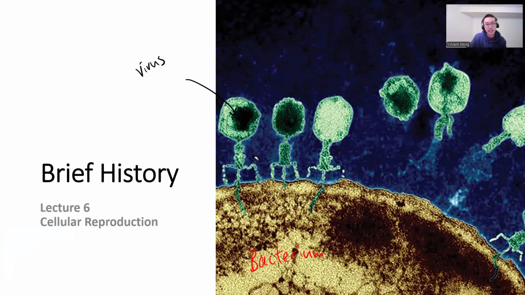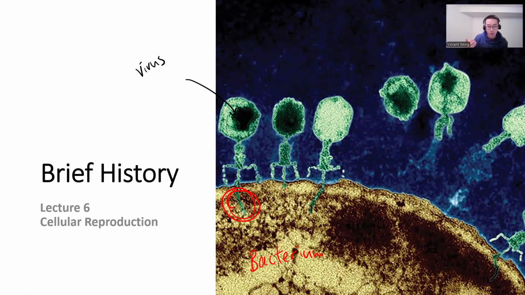You can see the viruses are injecting something into the bacterium, and that something is the genetic material of the virus. We know now that the genetic material is DNA, but before people didn't know. They were mystified. What is that stuff that's being injected?